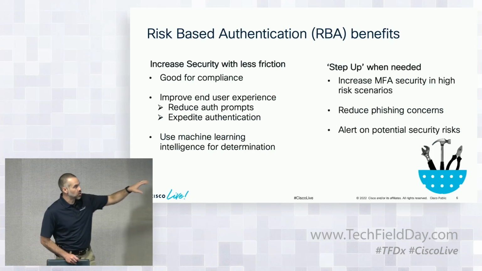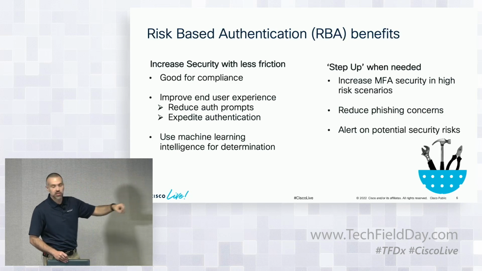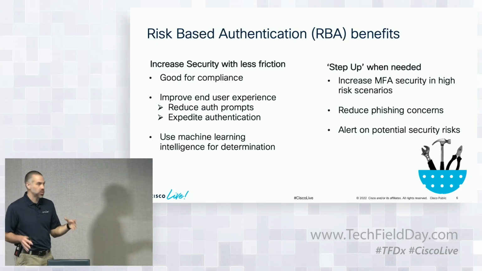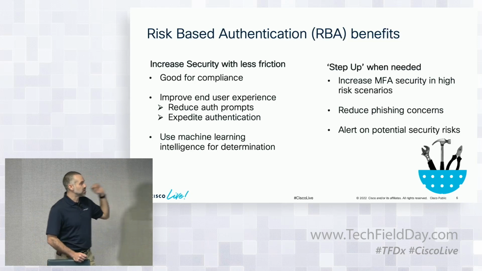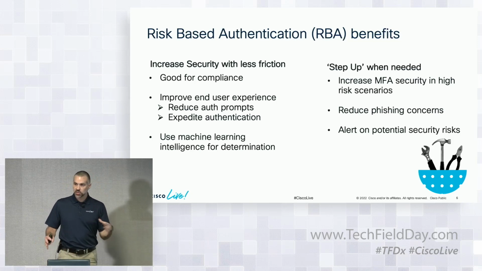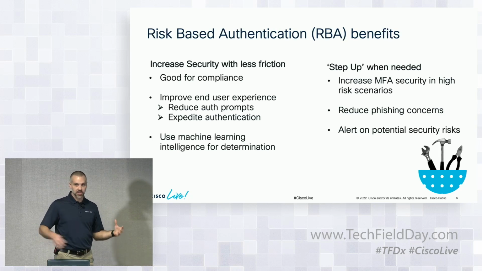But to point out, a really good benefit of risk-based authentication is compliance. We see that quite a bit, where there are various different compliance requests, and you're able to satisfy those by doing things like reducing auth prompts when there's a high level of trust, but also adding additional authentication friction when you need to. And if y'all have been around any kind of Cisco or Duo technology, we tout our ease of use.